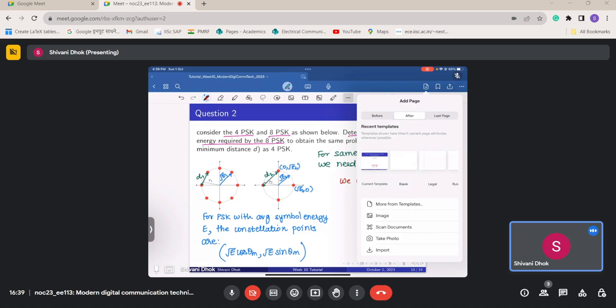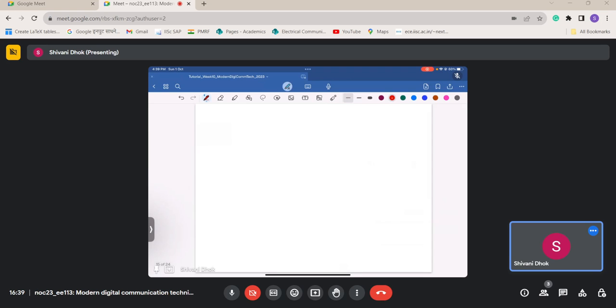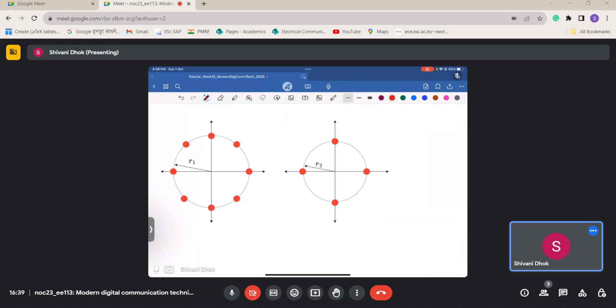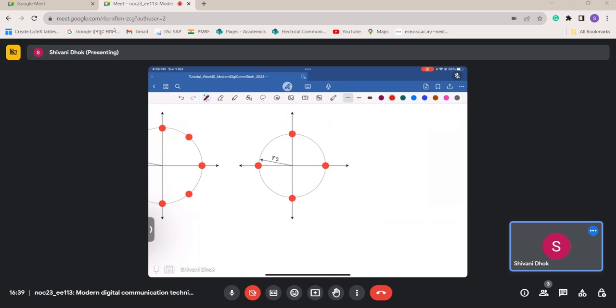So let us find what are the radii. Let us first find out the value of R2.